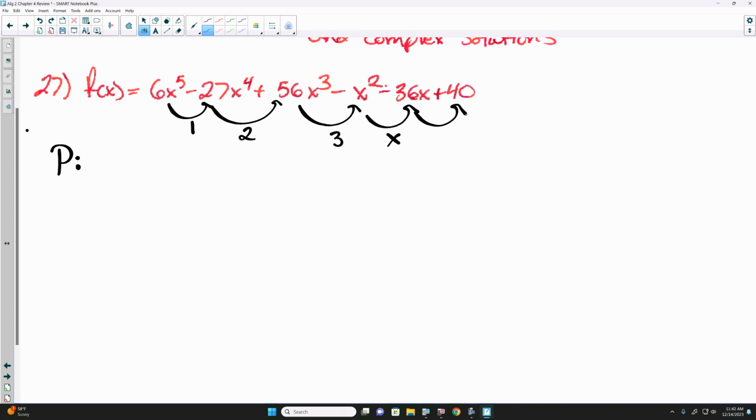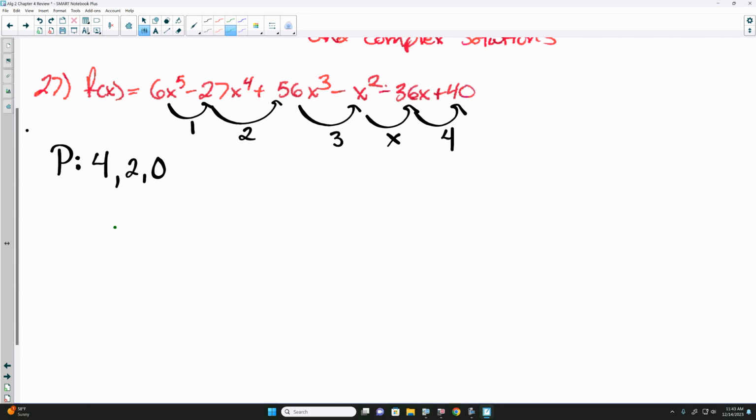And from x to our constant term, it changes one more time, telling us that there are 4 possible positive solutions, or less than it by an even amount. So we could say 2 and 0 because we're just subtracting 2 from it. 4 minus 2 is 2, and if we subtract 2 again, we get 0. So out of our positive solutions, we could have 4 positive, 2 positive, or 0. One of those options there.